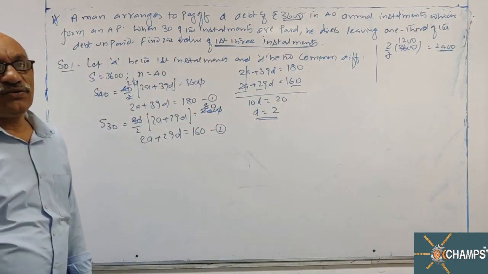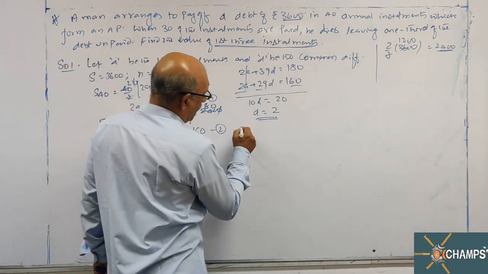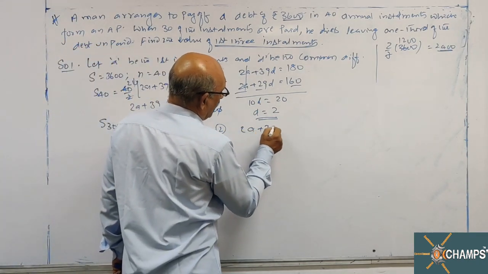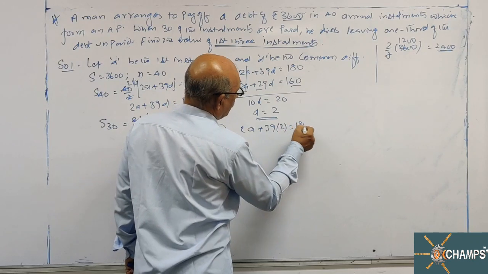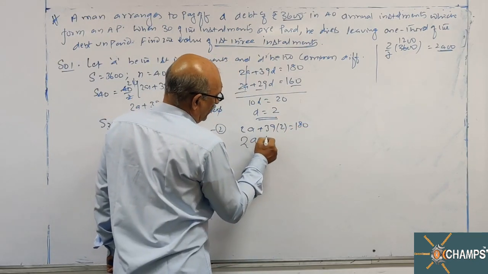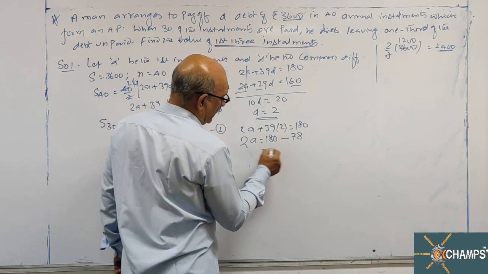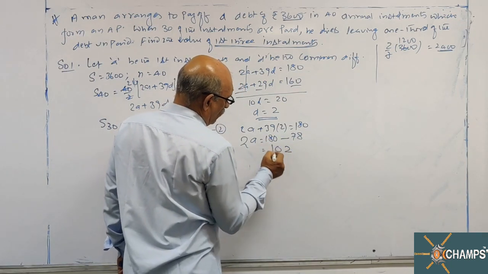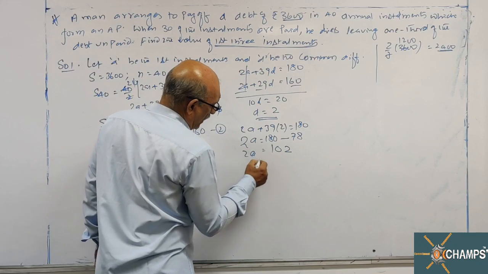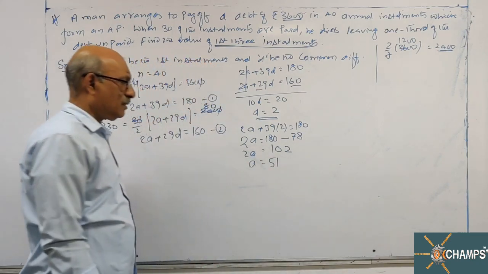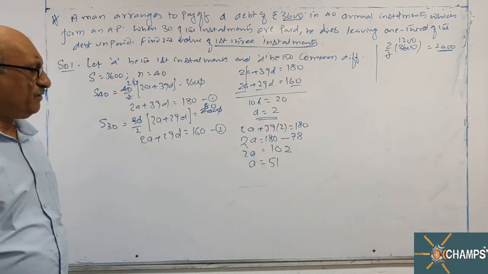Common difference value is obtained as 2. 2a plus 39 into 2 is 180. 2a is equal to 180 minus 78, which is 102. A is equal to 50. First installment is 50.